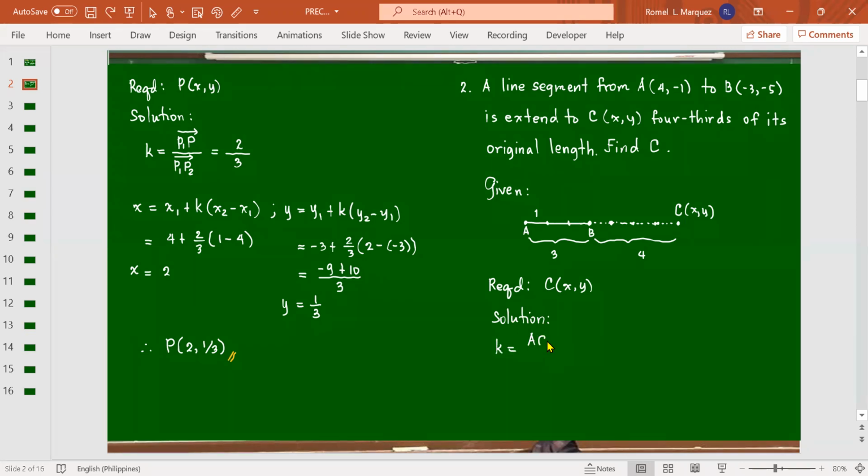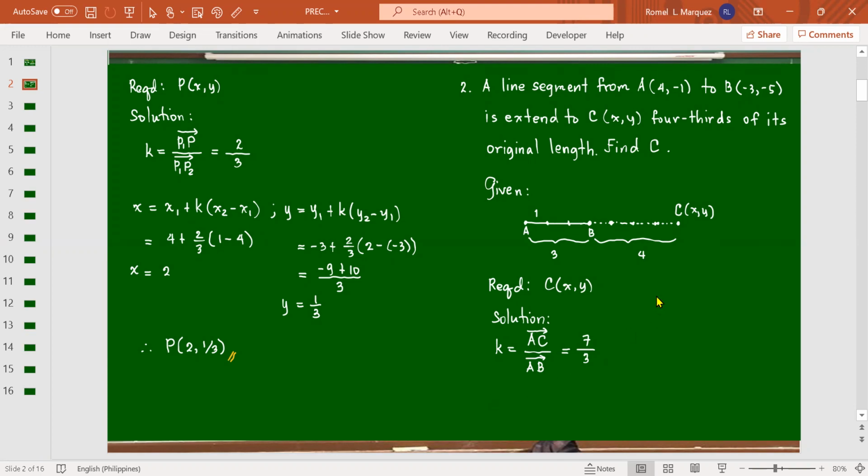Our dividing point is C. Over first point to the second point. Our second point is B. So what is AC? A going to C. How many units considered, guys? 7. Over AB, 3, no? So the ratio K is 7/3.